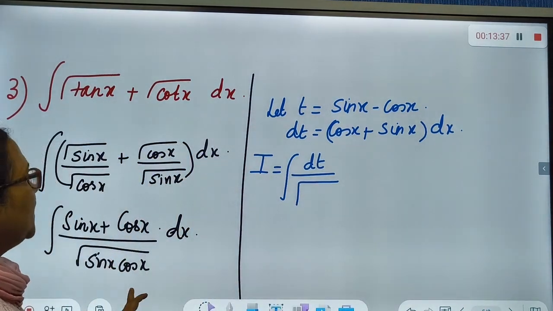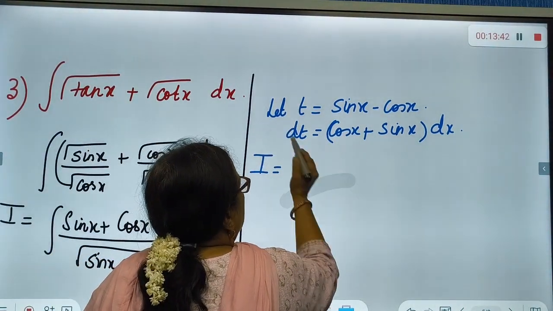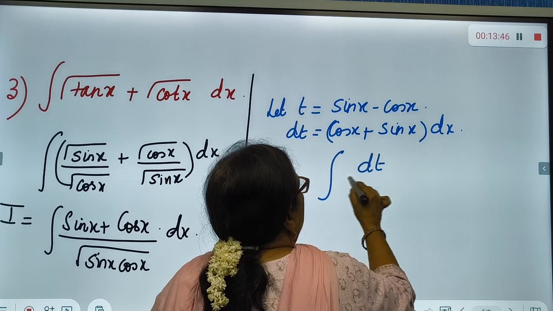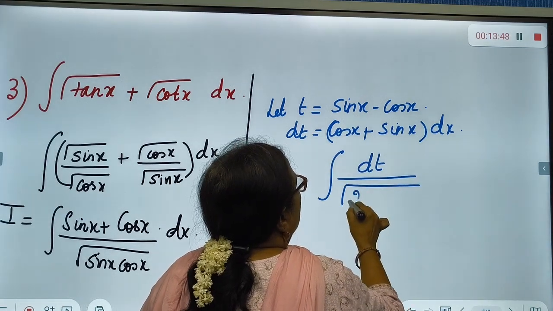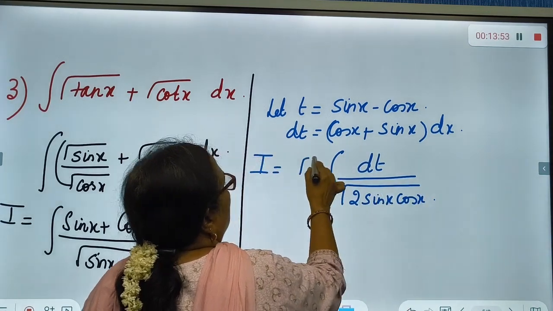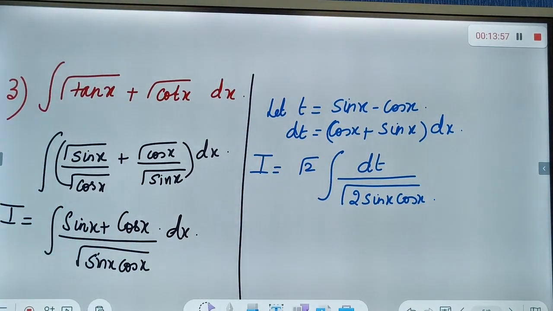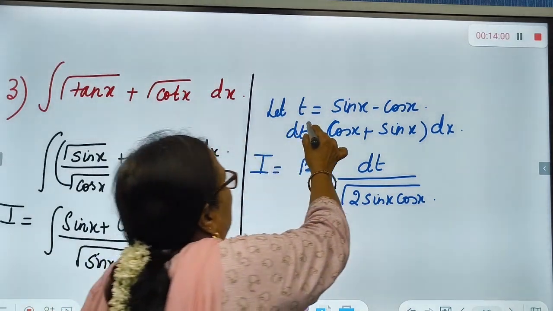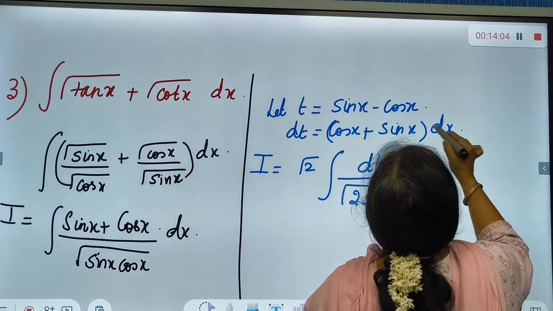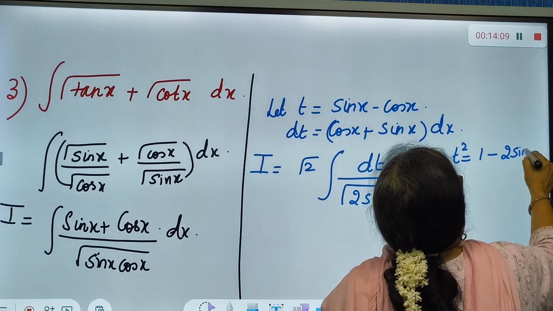Now how to write sin x cos x? I can write it as integral of dt by root of 2 sin x cos x. I am going to multiply and divide by root 2. Why? Because I know that when I simplify this, t square is equal to sin square x plus cos square x, which is 1, minus 2 sin x cos x.